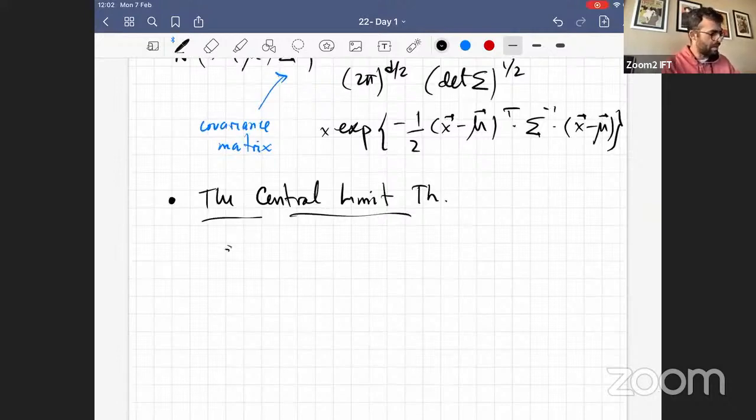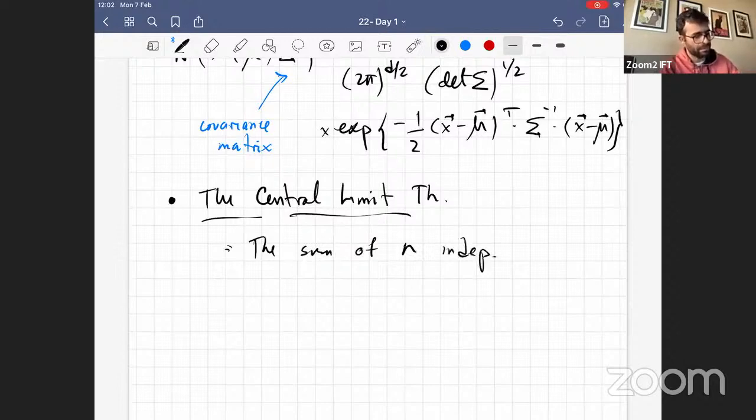There are two ways people phrase this, but I will rephrase it in the following way. It is referring to the sum of n independent random variables, of course, xi.